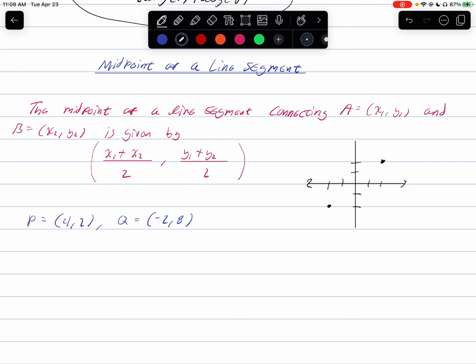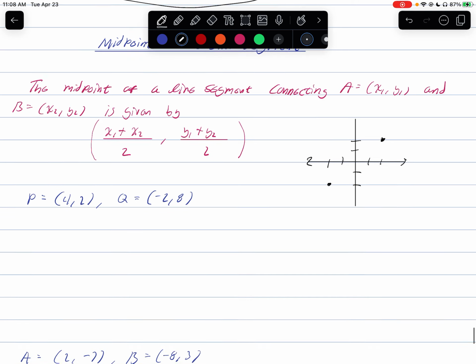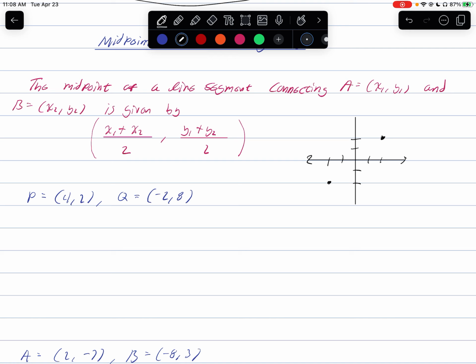If we think of the x component as given by the average between these two, if we think this is the x-axis, this is the y-axis, the average between the x components here. This is given by (-2, -2), and this is given by (2, 2).